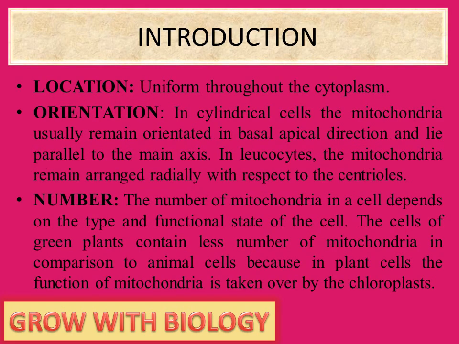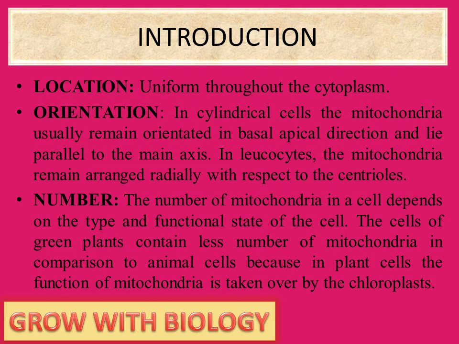When we talk about the location of mitochondria, it is present uniformly throughout the cytoplasm. In cylindrical cells, the mitochondria are oriented in the basal or the apical direction, and in leukocytes, mitochondria are arranged radially with respect to the centrioles. The number of mitochondria in each cell depends basically on the function of the cell.